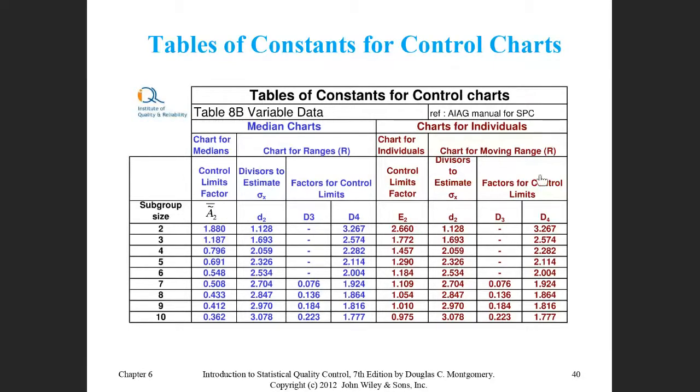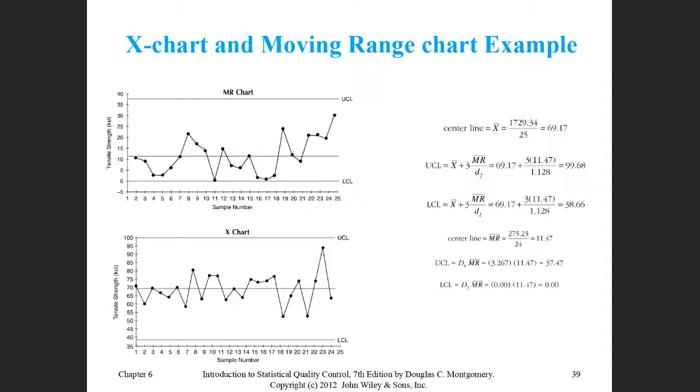They are already categorized here on this side of the table. It shows you all the constants you are going to use. Most of the time we will use the first one since it is the smallest. The sample size for individuals is considered to be the minimum, which is 2 here in the table. So you are going to use 2 all the time for the individual control charts. Let's go to the example.